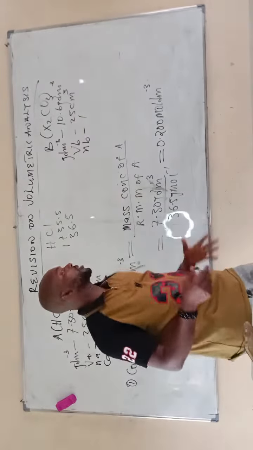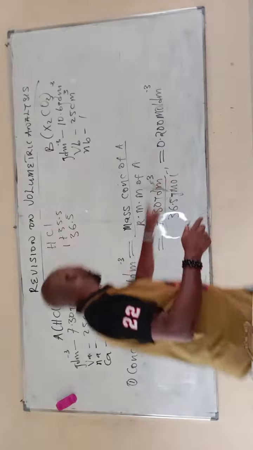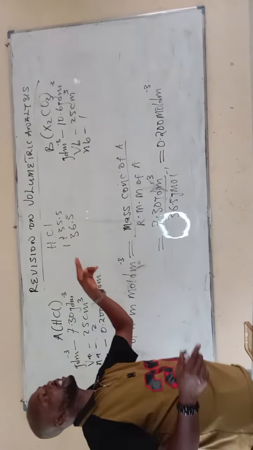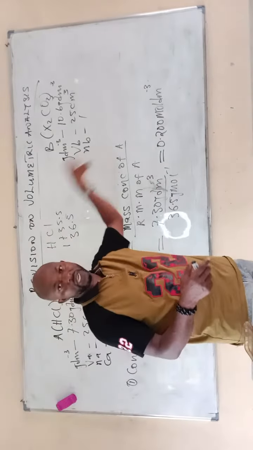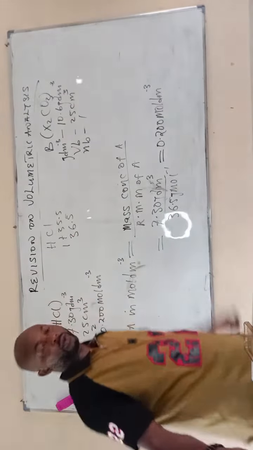So how do we get that? We have to use the CAVA. Since we've gotten our concentration of the acid, which is here, we use our CAVA to get the concentration of the base. So permit me to take this out so I can apply that to see what we get.